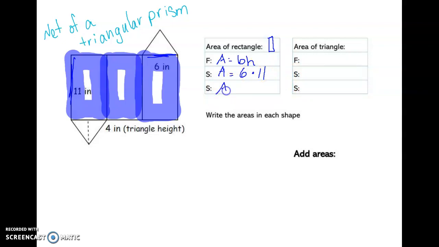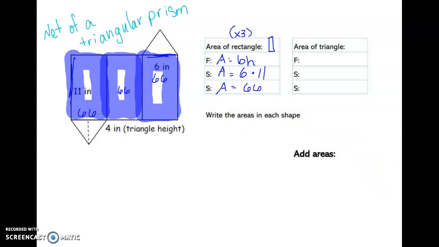So we have A equals 66, and we want to remember that we have 3 of those. So this one is 66, this one is 66, and this one is 66.